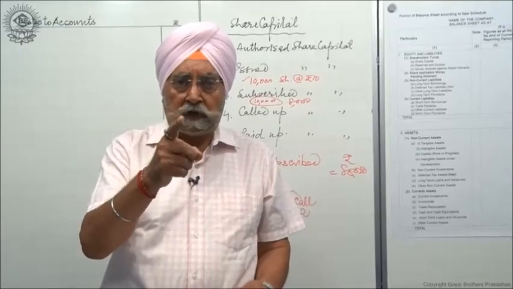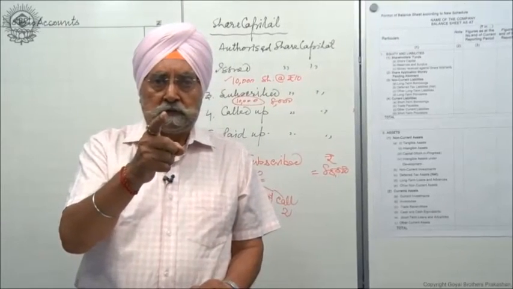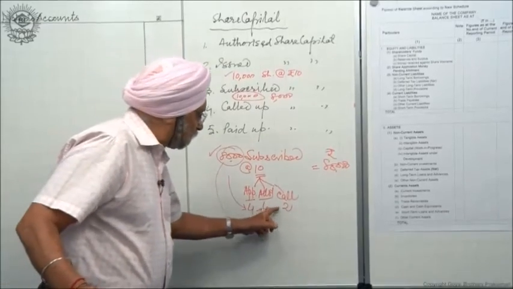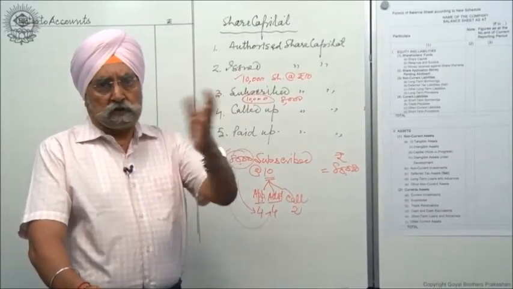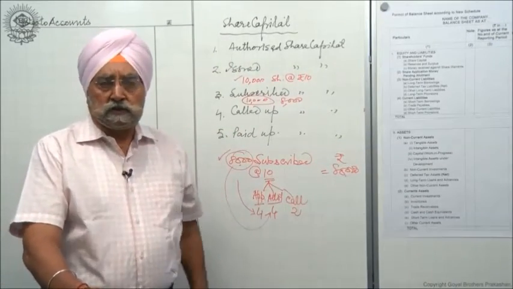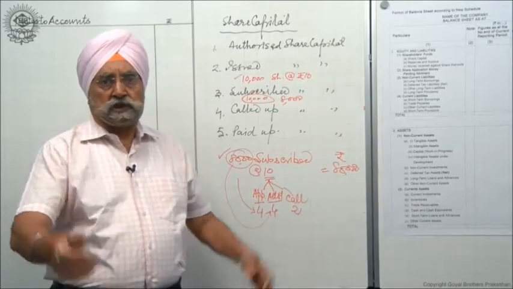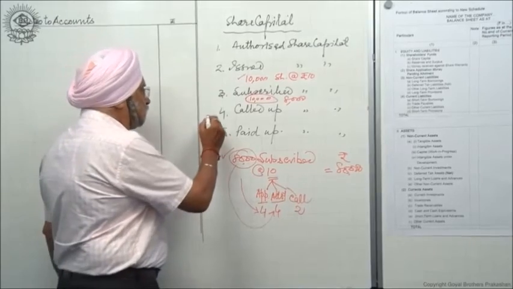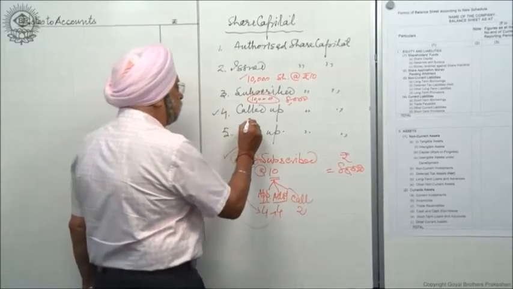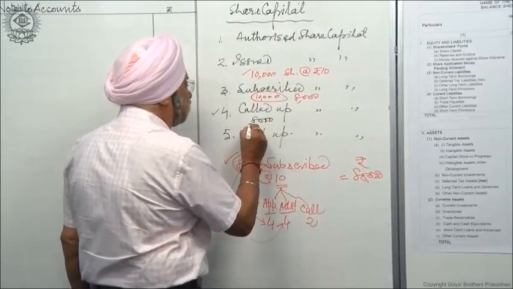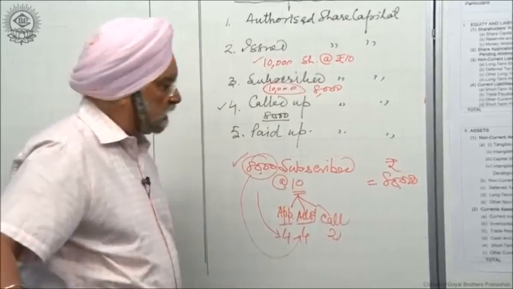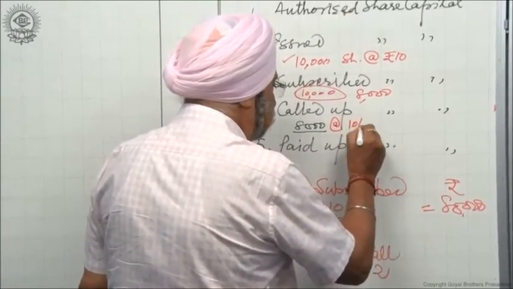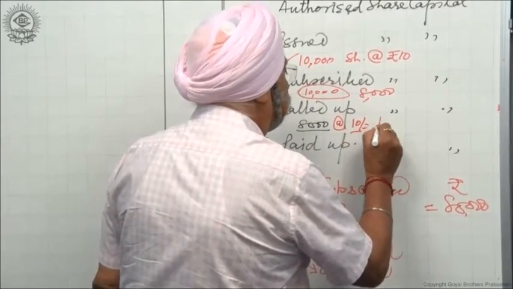First call will be paid only when the company calls them to pay. अब कंपनी ने ये 2 रुपए की चिट्ठी नहीं डाली, the company has not called 2 rupees, so shareholders will not pay 2 rupees. Therefore we have fourth type of capital which will be 8,000 shares. ऐसे लिखते हैं इसको, 8,000 shares each of rupees 10.